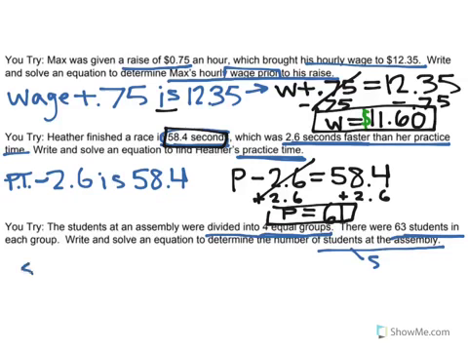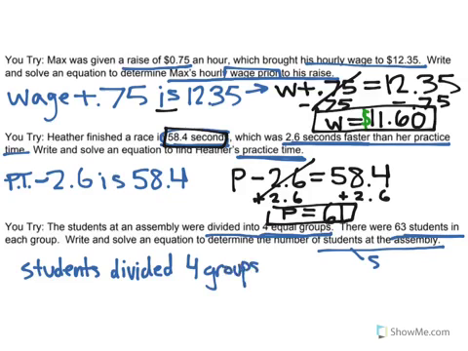So students at the assembly are divided into 4 equal groups. Four groups, and if we divide those students into 4 groups, that is 63 students. So we've got to translate that to math language.